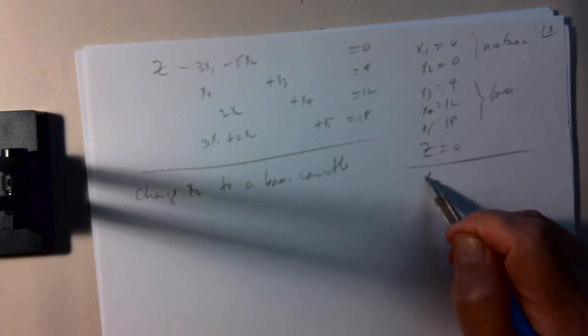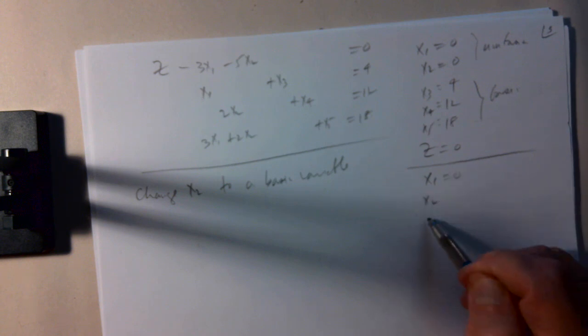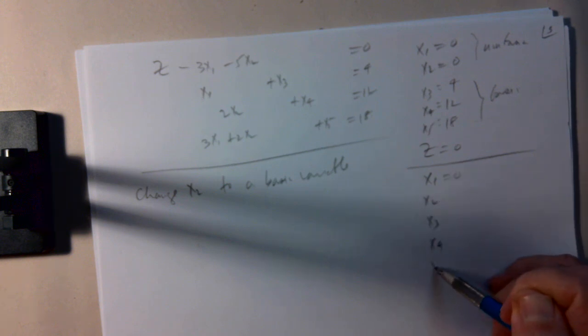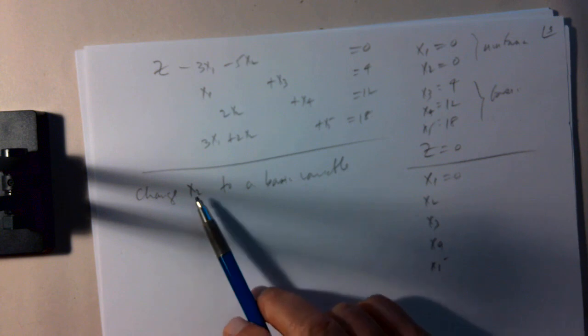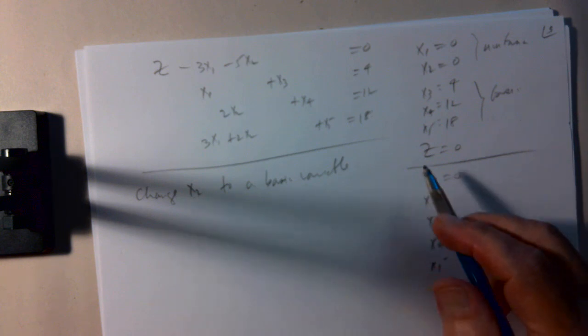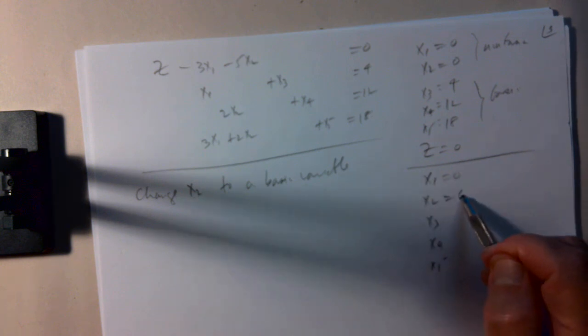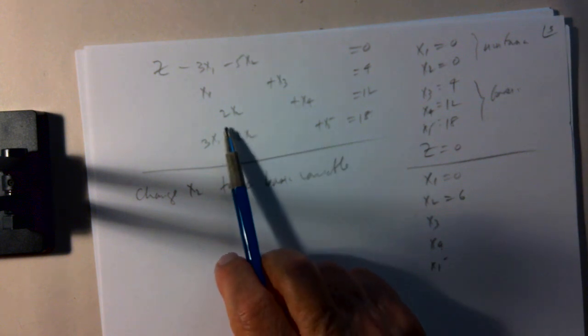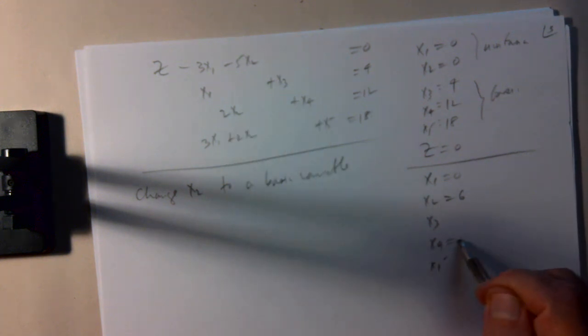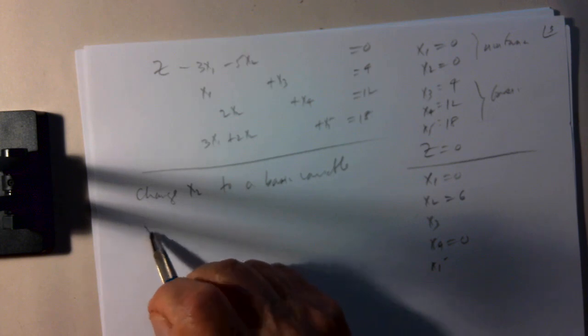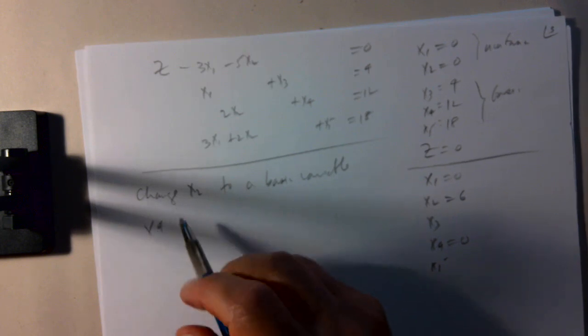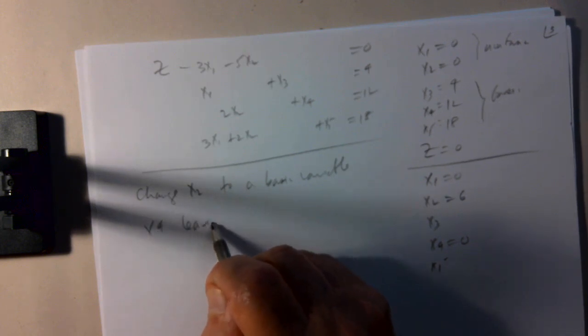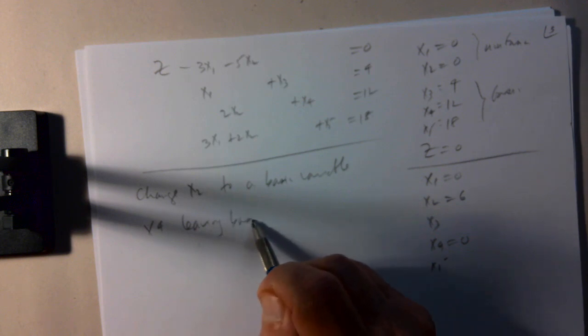So x1 is still 0, and x2 is going to be a basic variable, equal to 6. For x2 equal to 6, x4 is 0. So x4 is called the leaving basic variable.